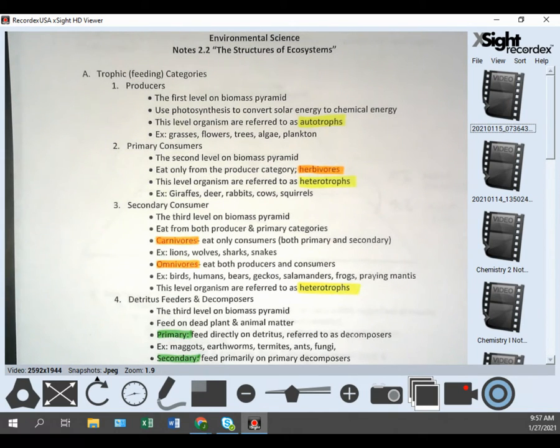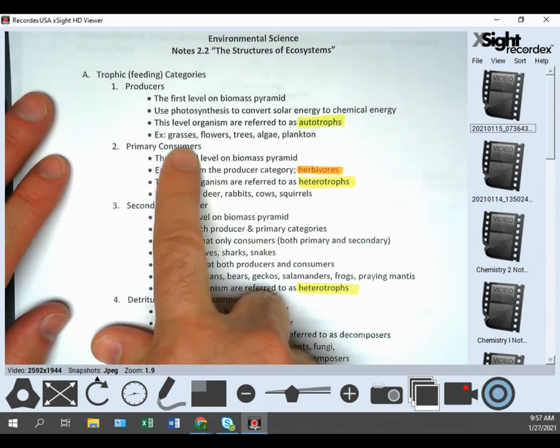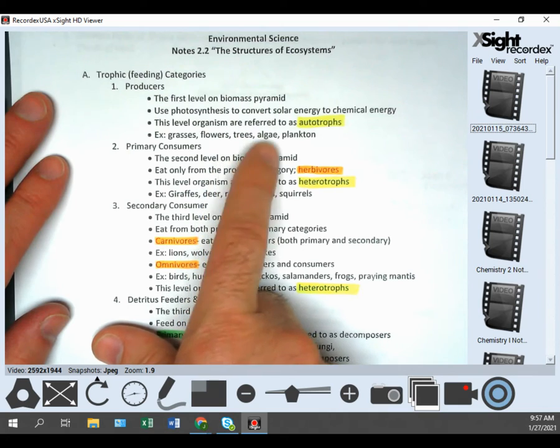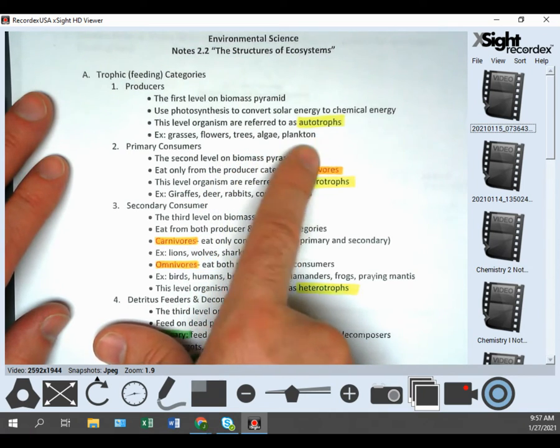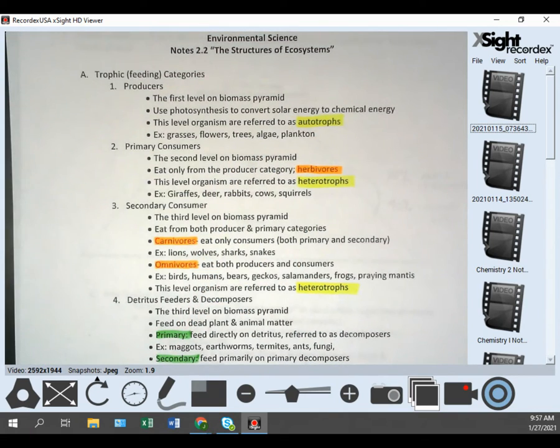So it's basically things that make their own energy from inorganic parts of the environment. Examples are grasses, flowers, trees, algae, plankton, things like that.